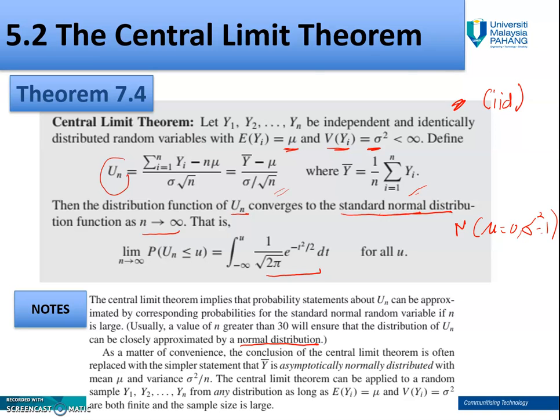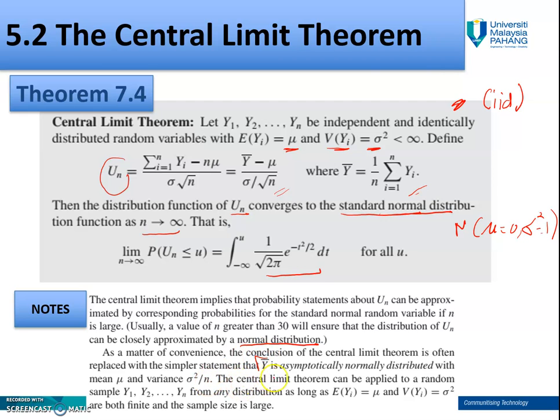As a matter of convenience, the conclusion of the central limit theorem is often replaced with the simpler statement that Y bar is asymptotically normally distributed with mean mu and variance sigma square over n.